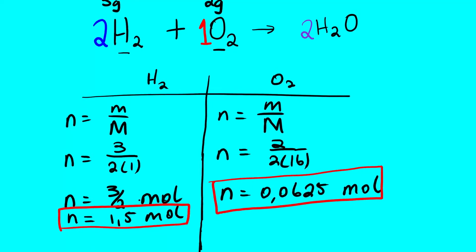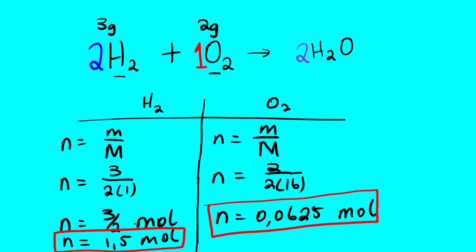Then we look at the balanced equation. In order for us to determine the limiting reagent, we need a balanced equation. We look at the coefficients. The coefficient of hydrogen is 2, and the coefficient of oxygen is 1.